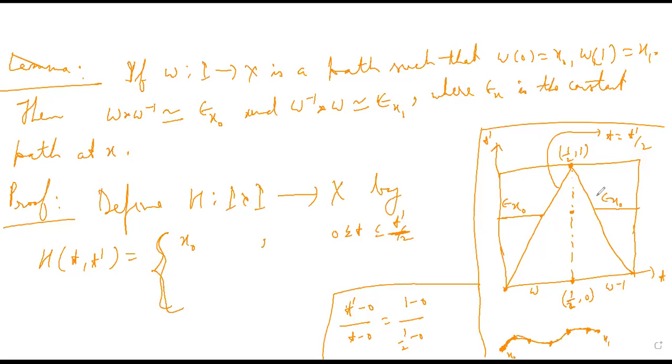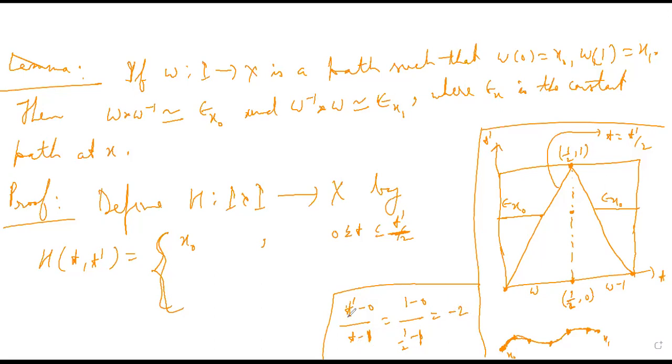Now what is the equation of this line? This is between (1, 0) and (1/2, 1). So this is t minus 1, then 1 minus 0, then 1/2 minus 1. This is your minus 1/2, so this is minus 2, right?